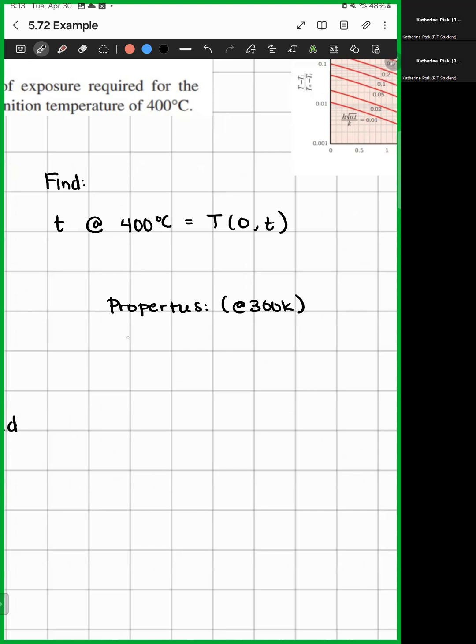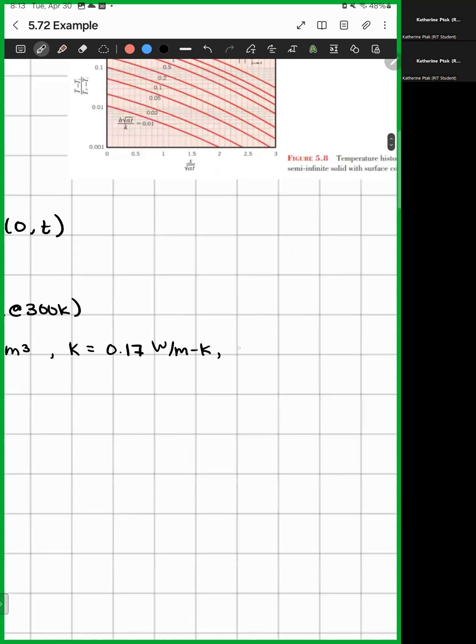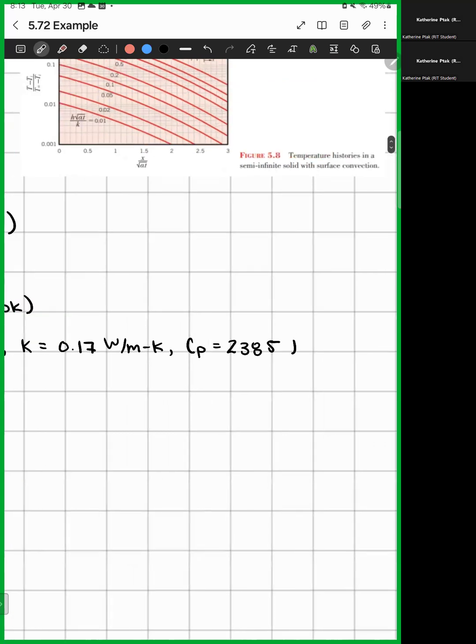We're going to say rho equals 545 kilograms per meter cubed, k equals 0.17 watts per meter Kelvin, and Cp equals 2385 joules per kilogram Kelvin.